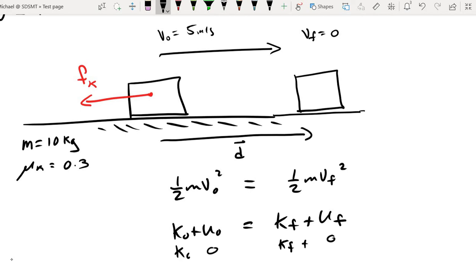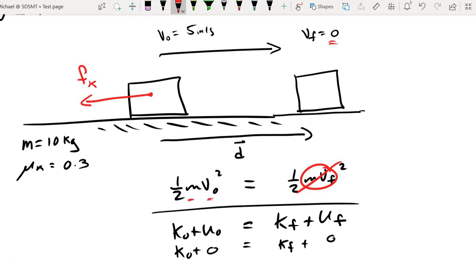So if our conservation of energy expression is to be satisfied, this says that our initial and our final kinetic energy should be equal to each other. Problem there is that our final kinetic energy is 0 because we eventually come to a stop. And I have values for m and v initial that tell me that the initial kinetic energy is not 0.